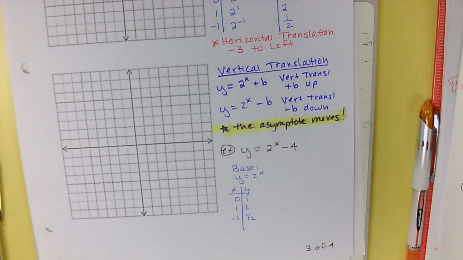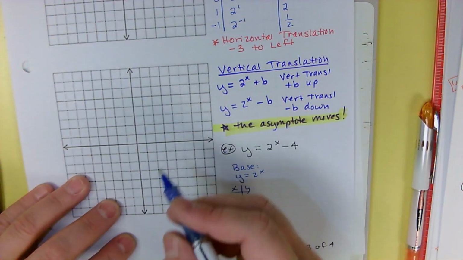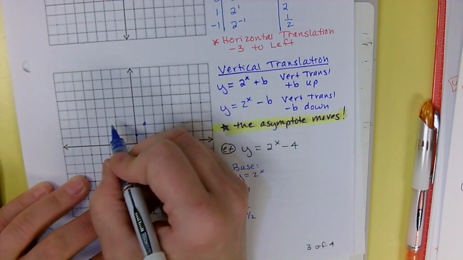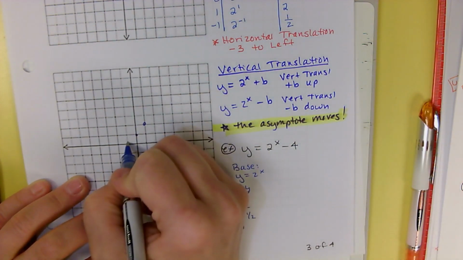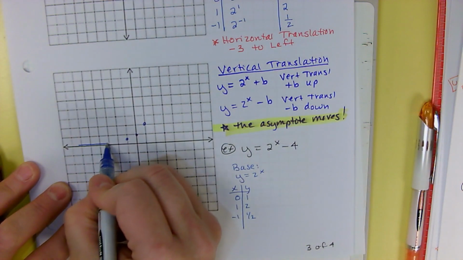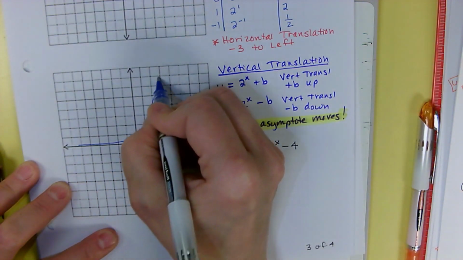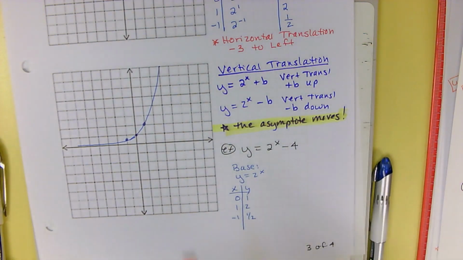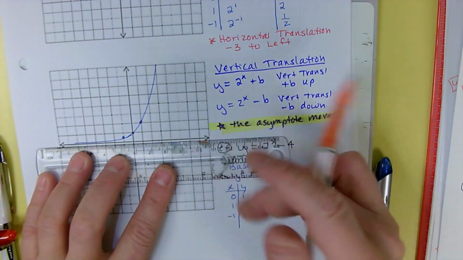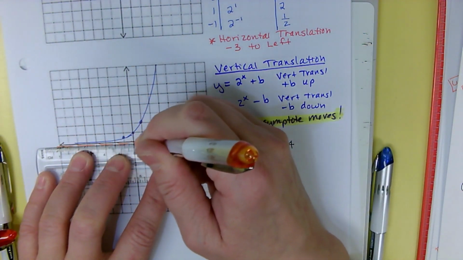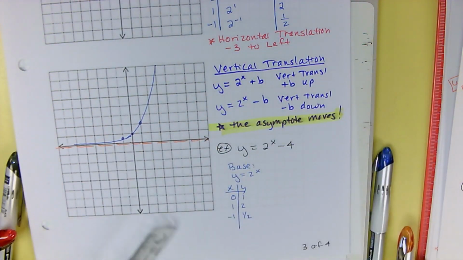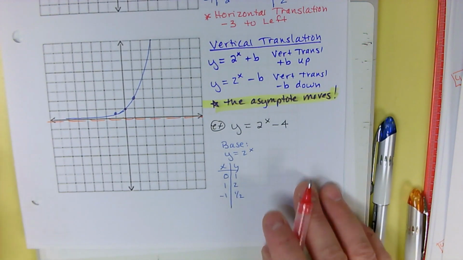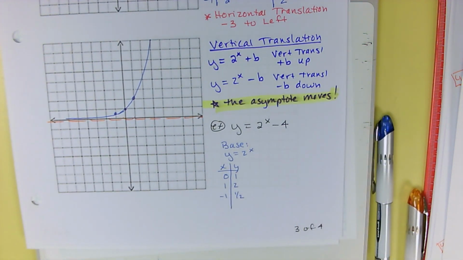So first thing you do is graph the base. With the base graph, the asymptote is right at y equals 0. So you've plotted the base graph, you've drawn the asymptote.